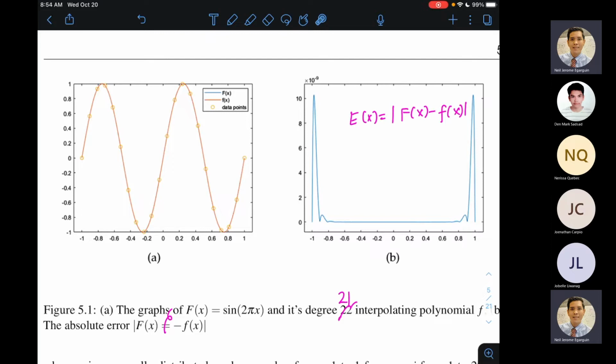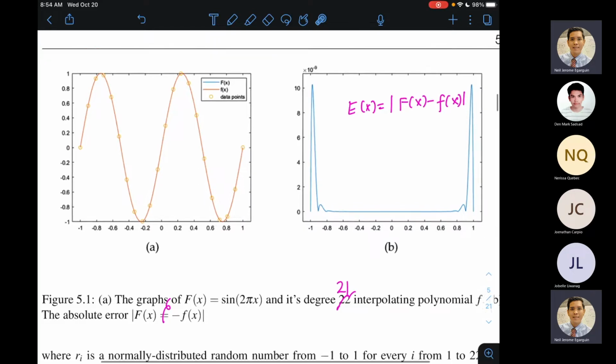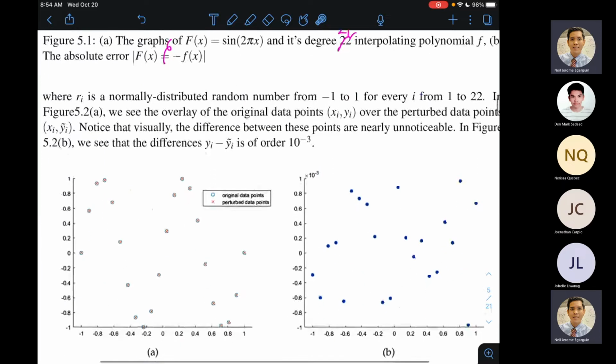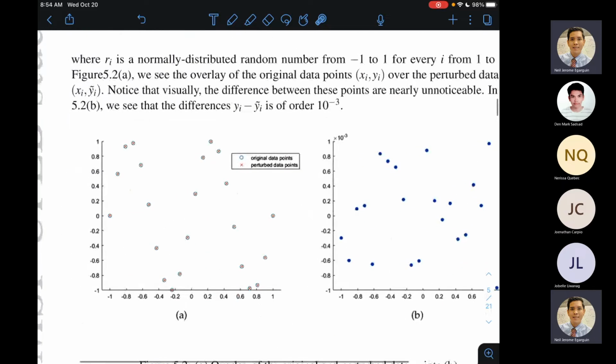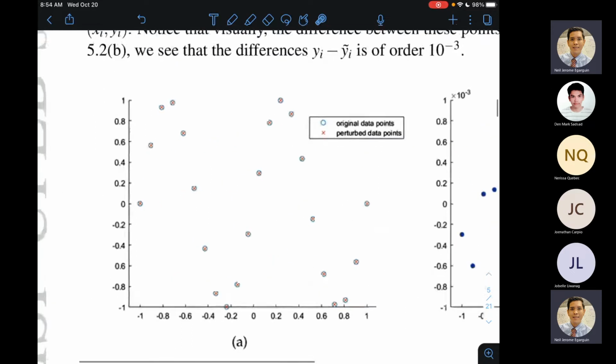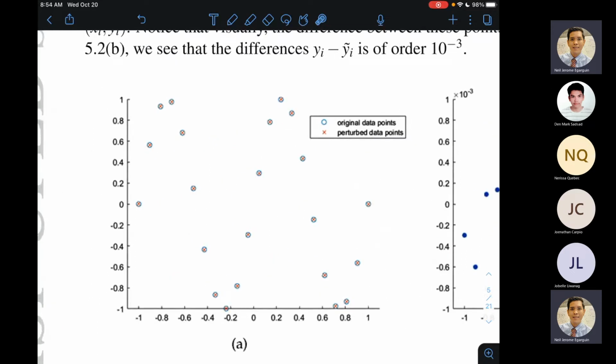Pero ito yung problem sa polynomial interpolation using equally spaced data. Pag binago ko lang ng konti yung mga interpolatory abscissas, there's a chance na ibang-iba yung makukuha ko na interpolating polynomial. So what I did in the next experiment is, itry ko kaya na i-assume na yung data points ay contaminated by noise of order 10 to the negative 3.